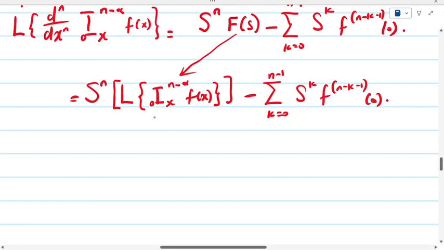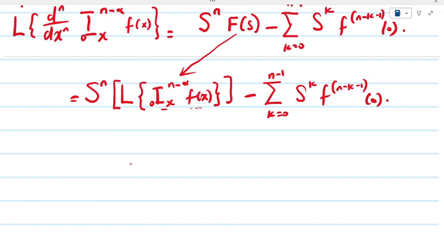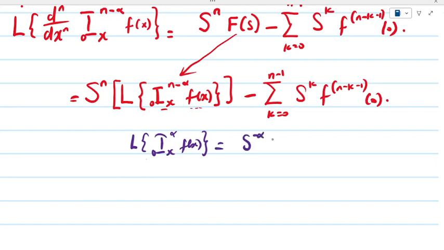If we remember vividly, in our Laplace transformation of the Riemann-Liouville integral, we have the Laplace transform of the integral of order alpha of f of x equal to s to the power minus alpha times the Laplace transform of f of x.